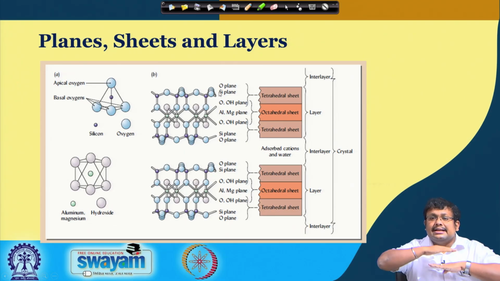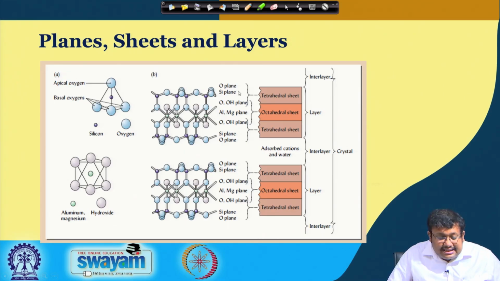If you consider the tetrahedral sheet inverted, then obviously the basal anions will be the oxygen plane. So, the basal plane will be the oxygen plane, followed by the silicon plane, which is the major cation, and the apical oxygen of each of these tetrahedra will be shared with the adjacent octahedral sheet. This adjacent octahedral sheet is composed of the aluminum and magnesium plane in the middle, and in the shared layer it will be either oxygen or hydroxyl.